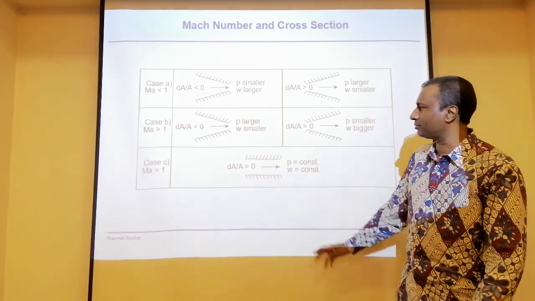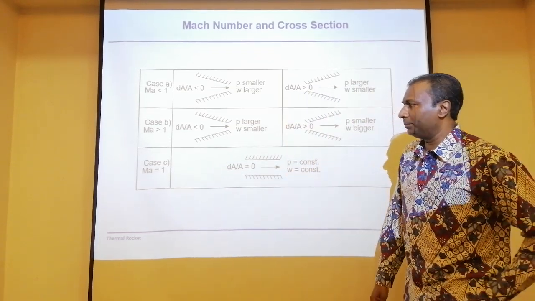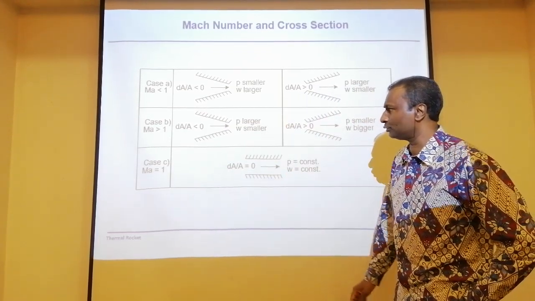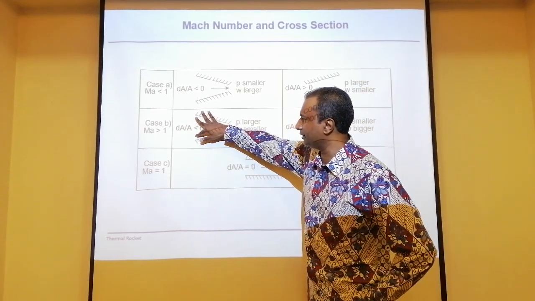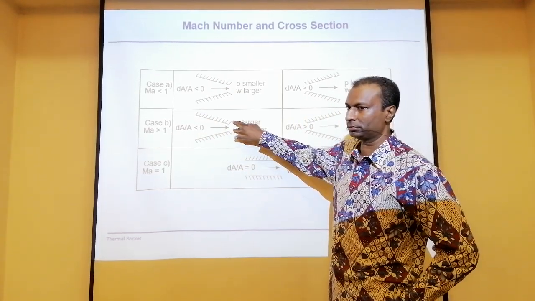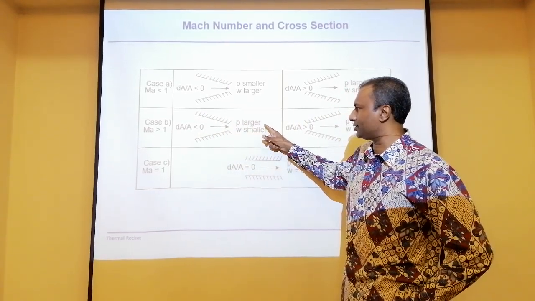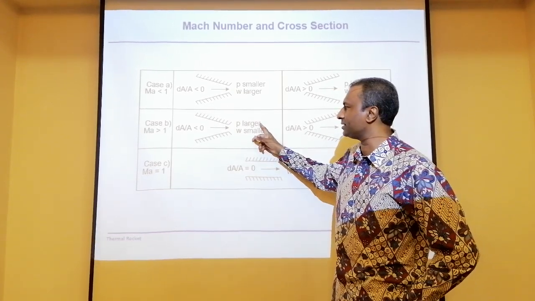So let us have another option. Supersonic: the throat is big, the exit is small. P is larger, but W is smaller. Why is P larger?